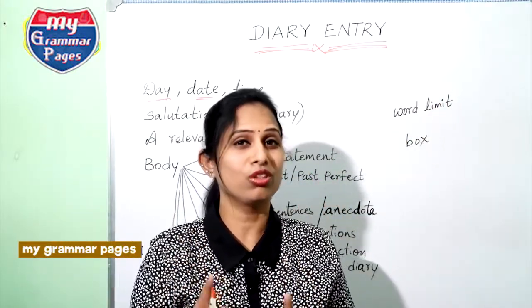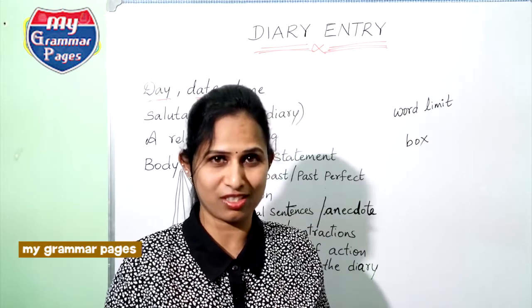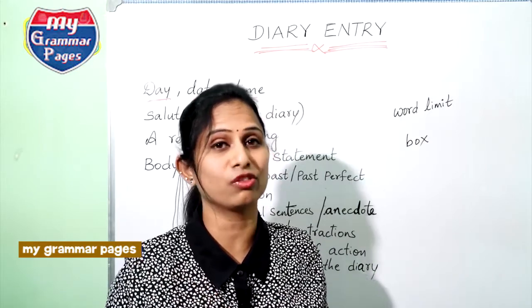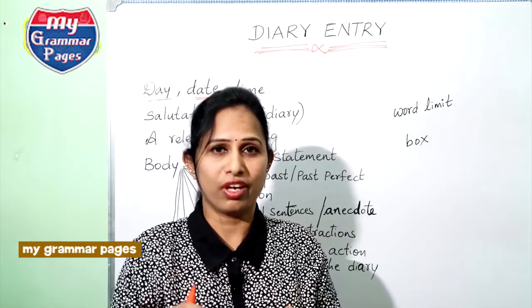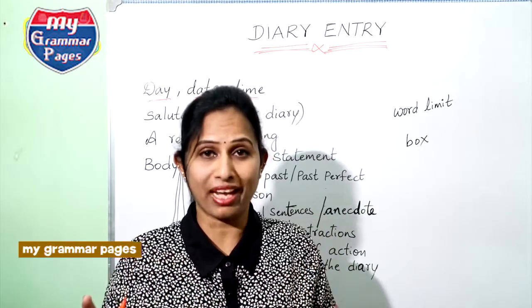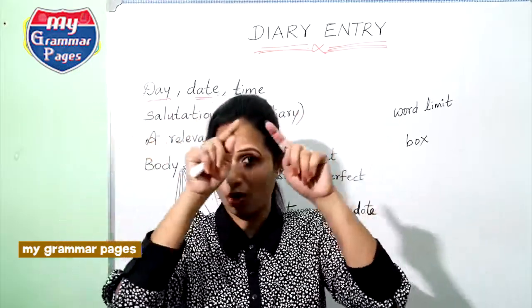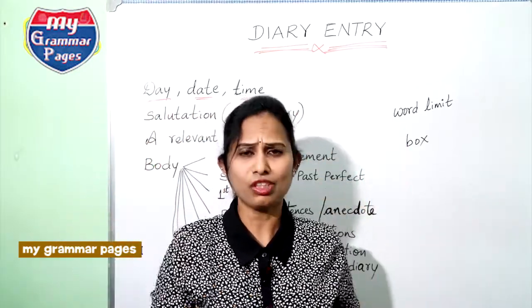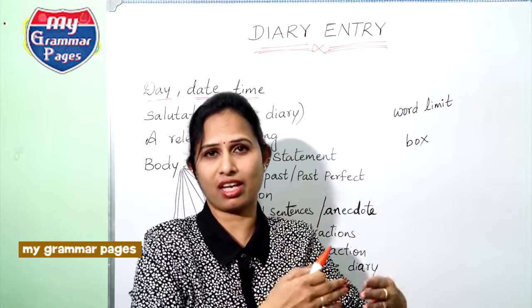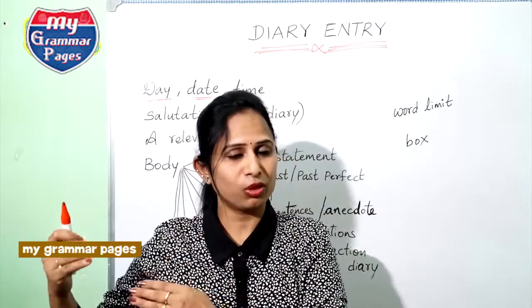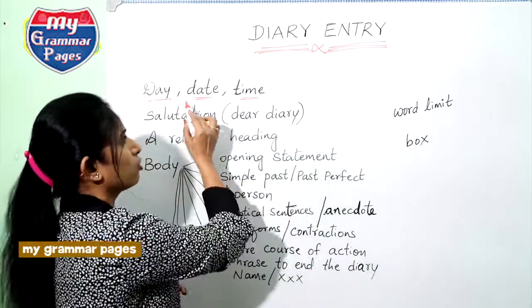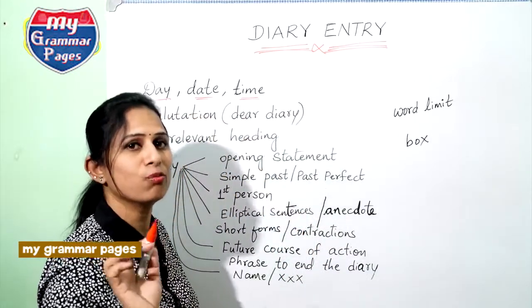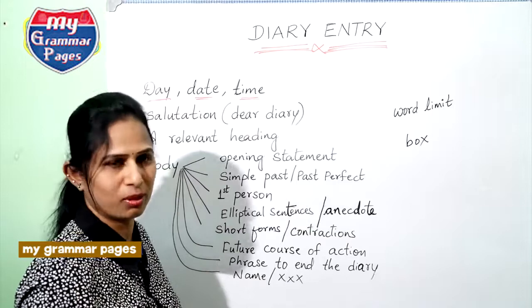As I told you very clearly at the beginning of the session, this is an informal piece of writing. So please do not be confused. Wherever you want, you can place it on the top side of the box. If you want to place it towards your left hand side, okay. If you want to place it towards your right hand side, okay. The only thing is all three should be mentioned on the top side of the box. That is the only thing you have to remember.